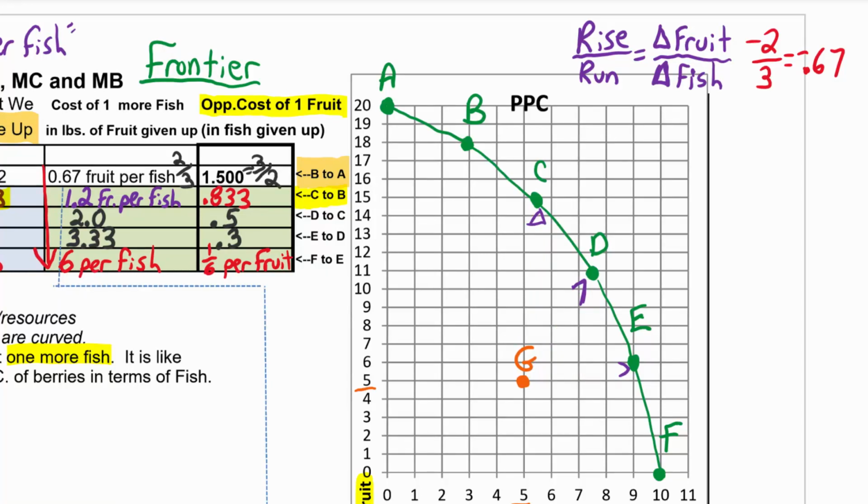So as a shorthand, we'll call a point like G inefficient. But there's a special way. Now, since economists are efficiency experts, there's a special kind of inefficiency we're talking about when we talk about a point like G. We call a point like G production inefficient.